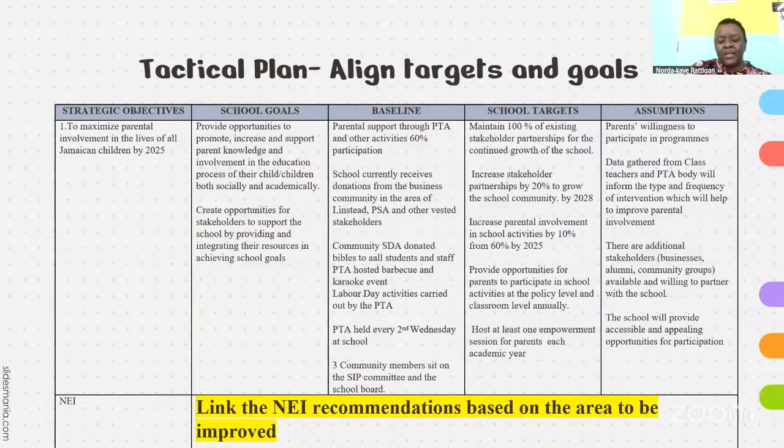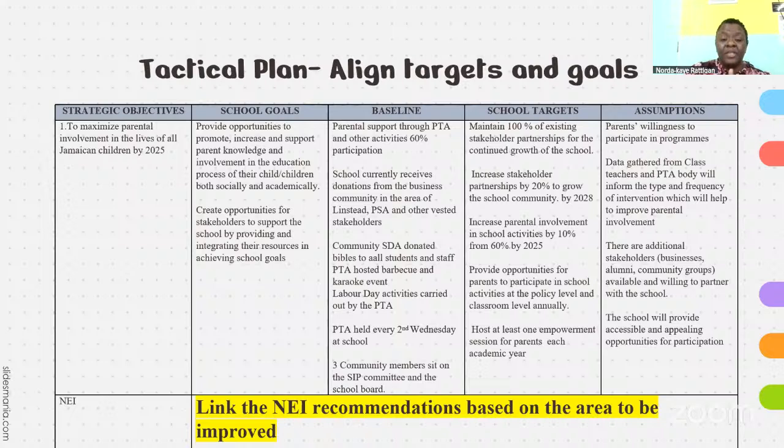Now, although strategic objective number 1 speaks to parental involvement, what I usually do is to create a space for stakeholder involvement because the other strategic objectives don't lend themselves to creating a window to integrate stakeholder involvement. So this is where I usually integrate it into strategic objective number 1. Now remember that your baseline data gives you measurable starting points. So for instance, we're looking here and we see that only 60% of the parental support is being given to the school currently.